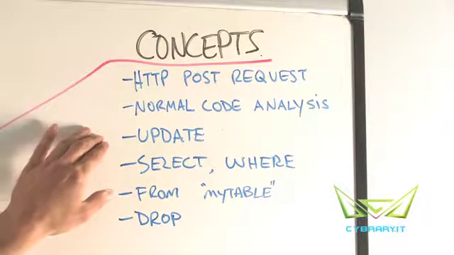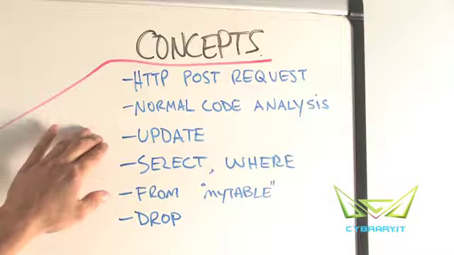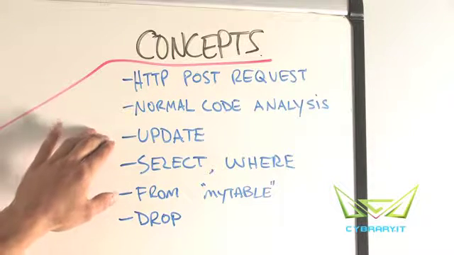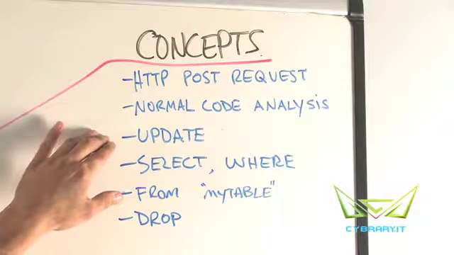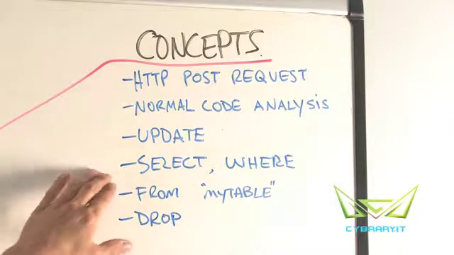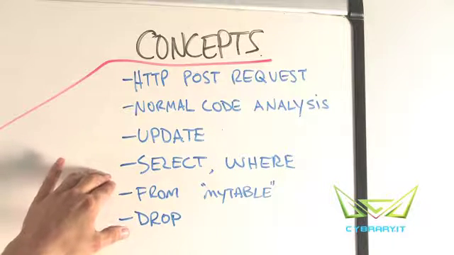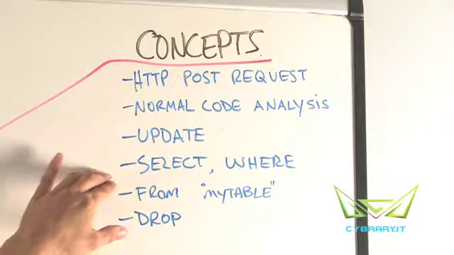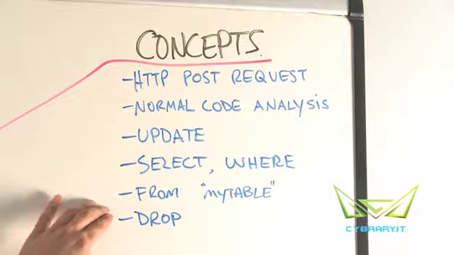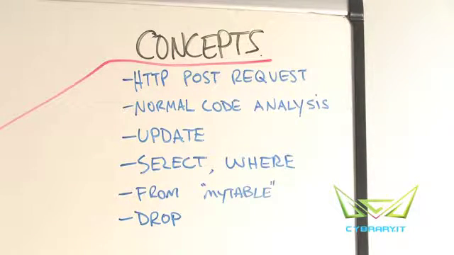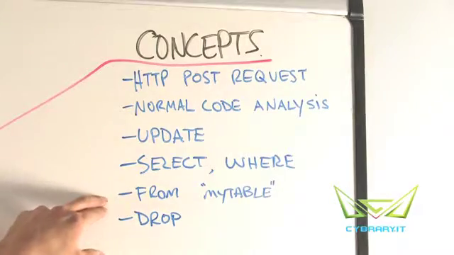Okay? Ultimately, in database language, this is what it's going to come down to. There are certain parameters like the update parameter. This is when a client sends to the server and says, hey, I'd like to update something in the database. Or select something from the database where the values are equal to whatever they are. Or get something from my table, just a generic table name in that sense.